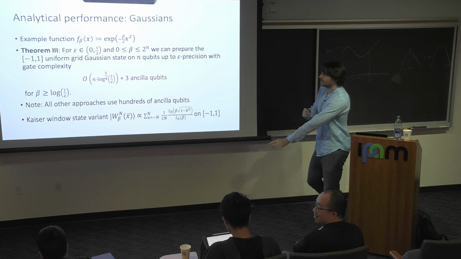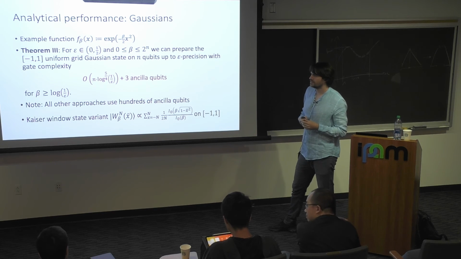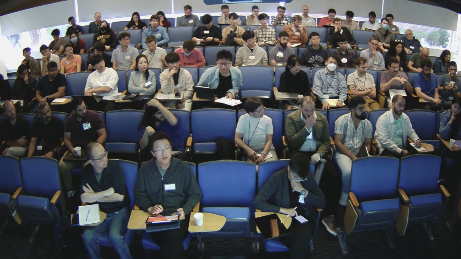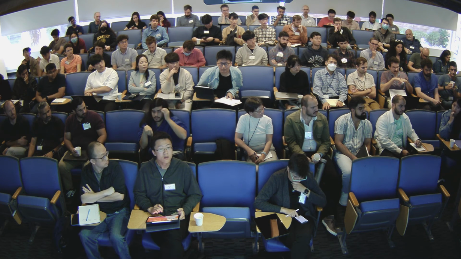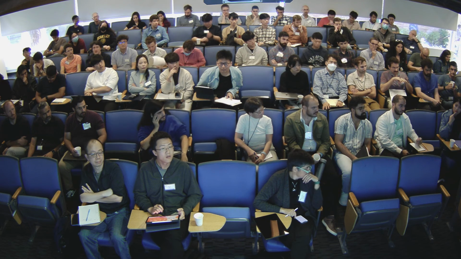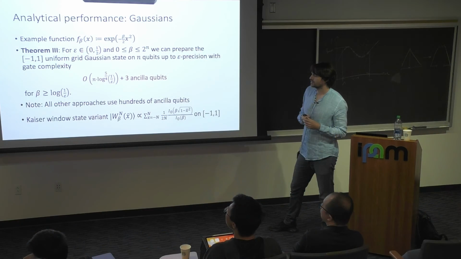Because you're trying to prepare f beta equals exponential without further normalization, right? If you were to prepare a Gaussian distribution or the square root of the Gaussian distribution, then you're going to see the potential drawback of the approach, because the f infinity norm will depend on beta.